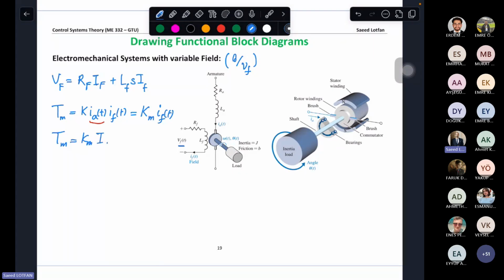And TM in this case is also T load. We also want to include some disturbance load. And I know from the mechanics that T load is equal to J equivalent s squared plus D equivalent s, times theta in the s domain. Okay.